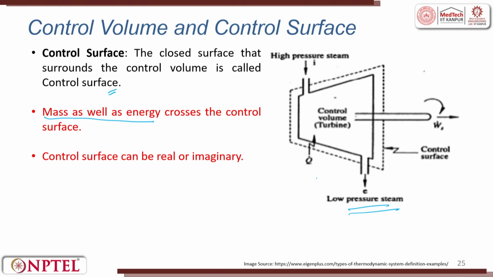If the pressure of the steam, the weight of the water which comes inside, is very high, then the amount of energy which can be transferred to the turbine is very high. Accordingly, the shaft will rotate very fast, and you generate electricity or whatever it is. The control surface can be real or imaginary. That is control volume and control surface.